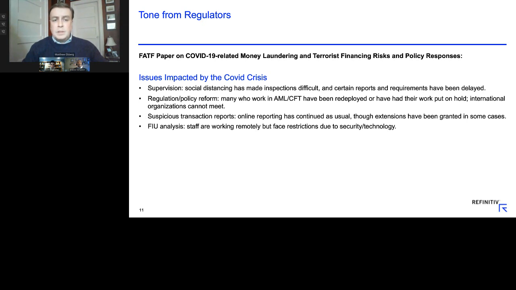One is the government and the private sector's ability to carry out their AML CFT obligations. And so FATF did note a few things. They noted that you need to recognize that supervision may need to change, that social distancing has made inspections difficult, and certain reports and requirements have been delayed or may need to be delayed, so regulators and supervisors have to be aware of that. Suspicious transaction reports may change in some ways.